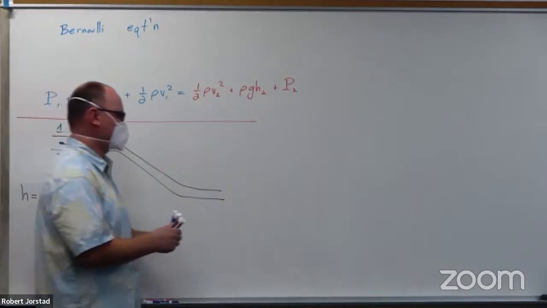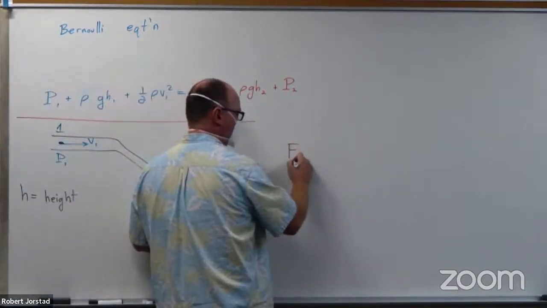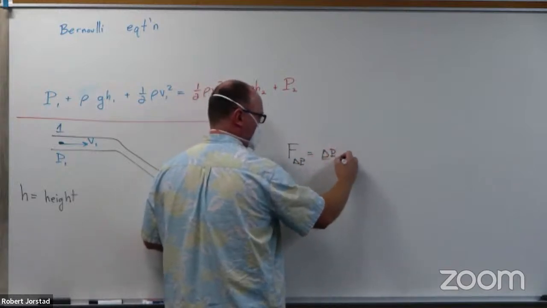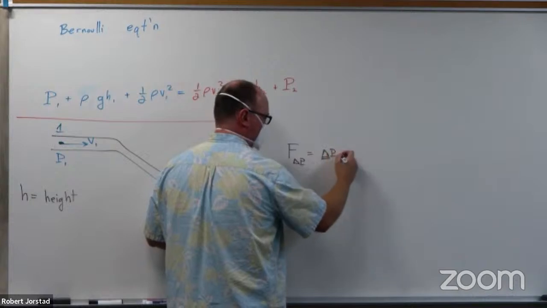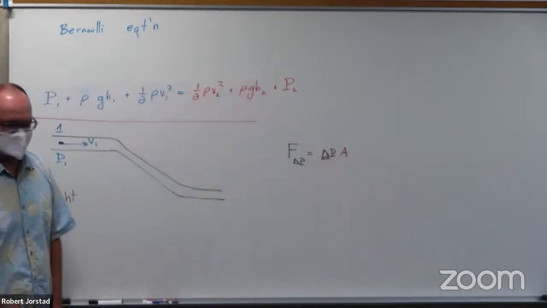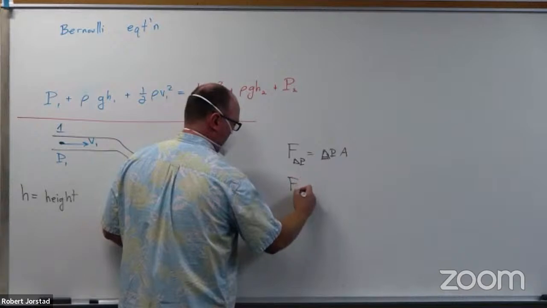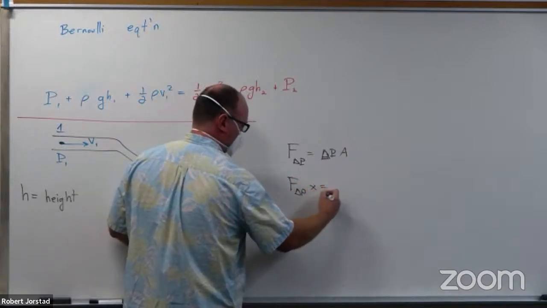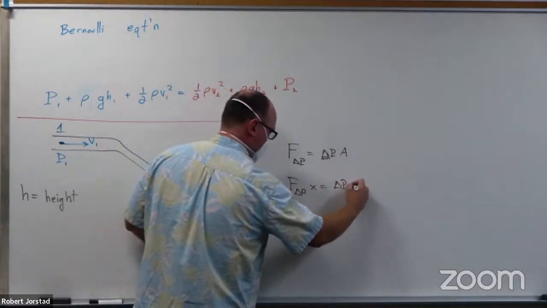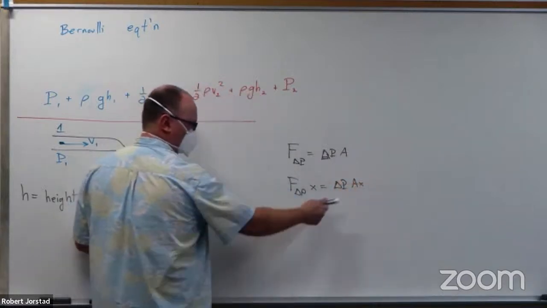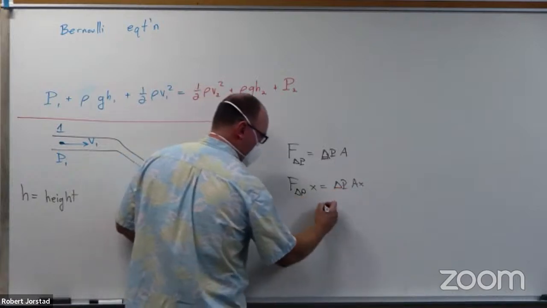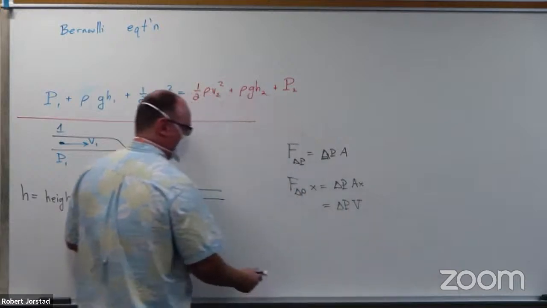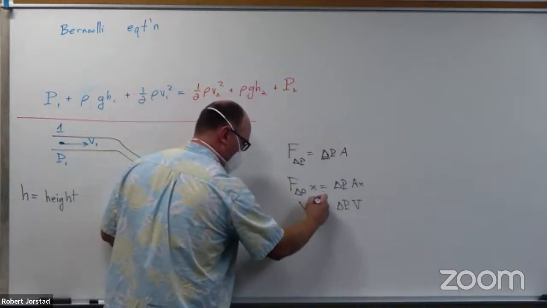Let me do a side problem here. You agree that force due to a pressure differential is equal to that pressure differential times an area? And do you agree that a cross-sectional area times a distance is a volume, but force times a distance is work?